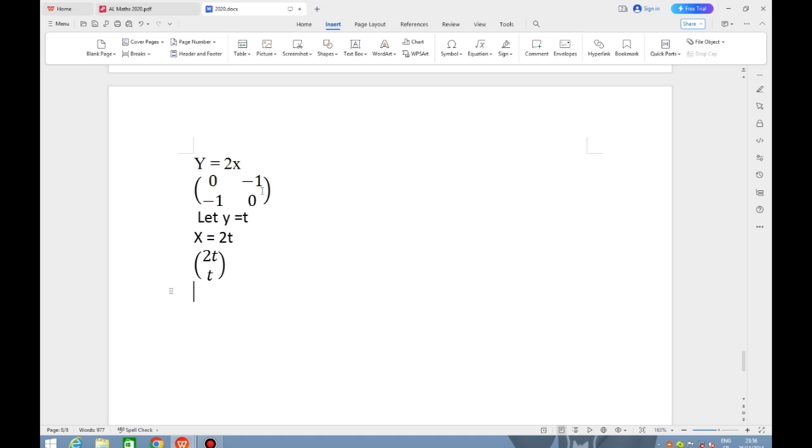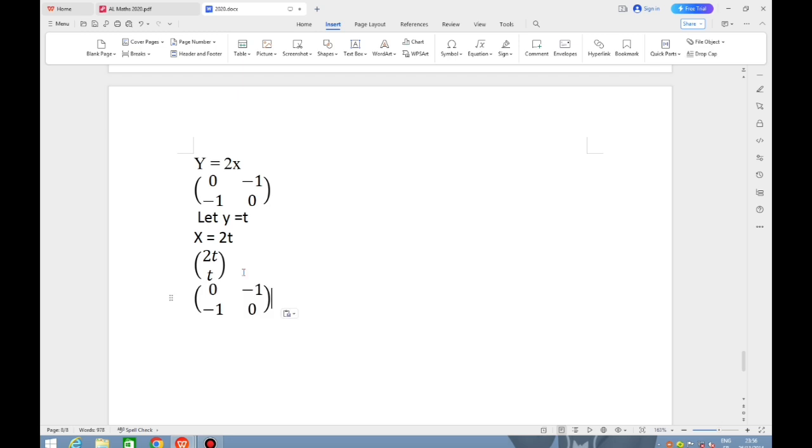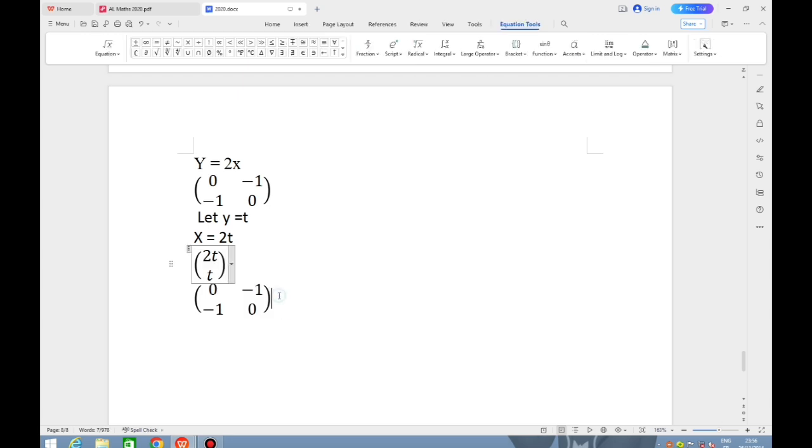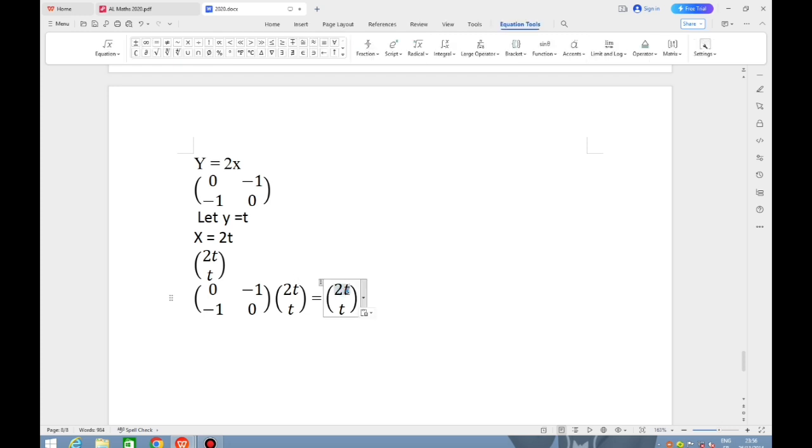Now if you multiply this transformation matrix by this matrix, it gives us the transformed x and the transformed y. So this times this is equal to the transformed x, let's call it x prime, and the transformed y, let's call it y prime.